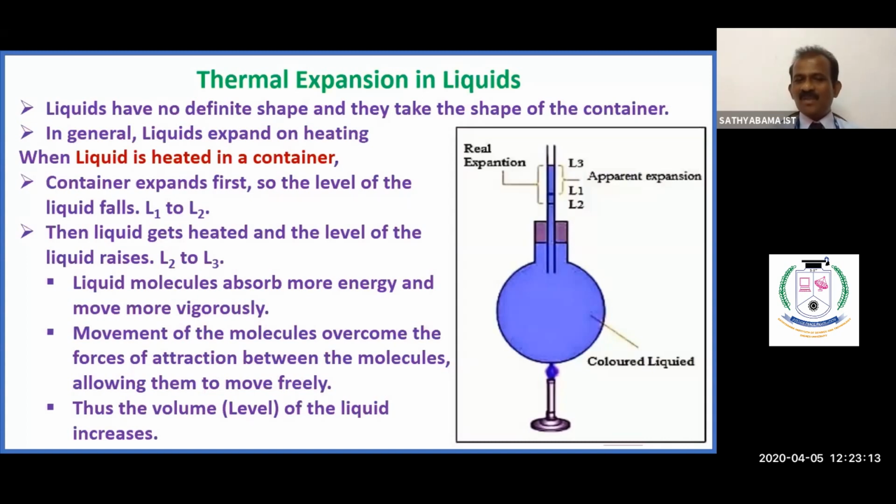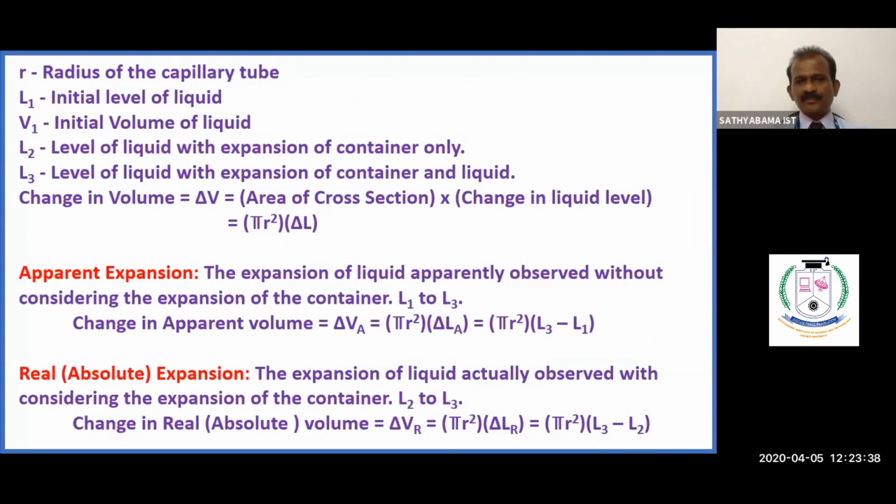Thus, the volume or level of the liquid increases up to the level L3. So, L1 is the initial level of the liquid, L2 is the level of the liquid with the expansion of solid only, L3 is the level of the liquid with the expansion of solid and liquid.